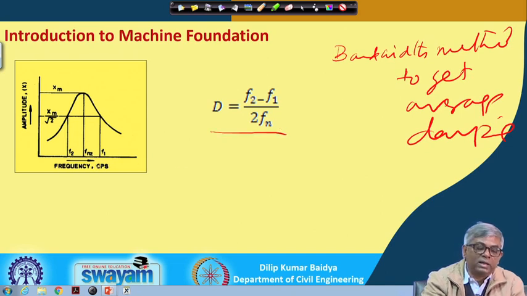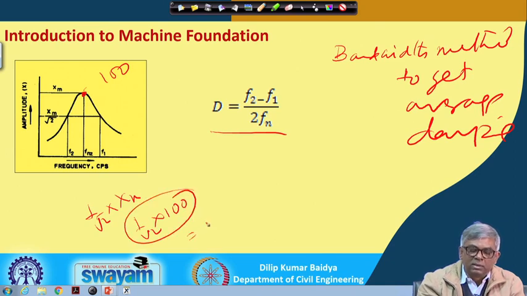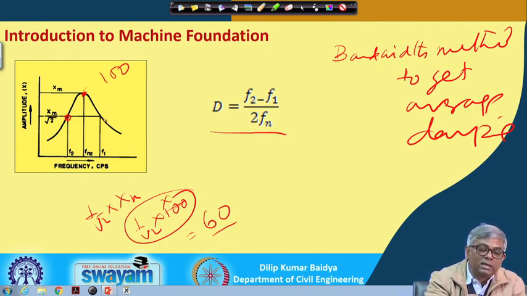Actually, you can see here how we have got it. If the maximum amplitude is Xm, then you multiply by 1 by root 2 Xm. Suppose it is 100, then 1 by root 2 multiplied by 100, whatever value it comes, suppose it is some 60, then I will read at 60 here.